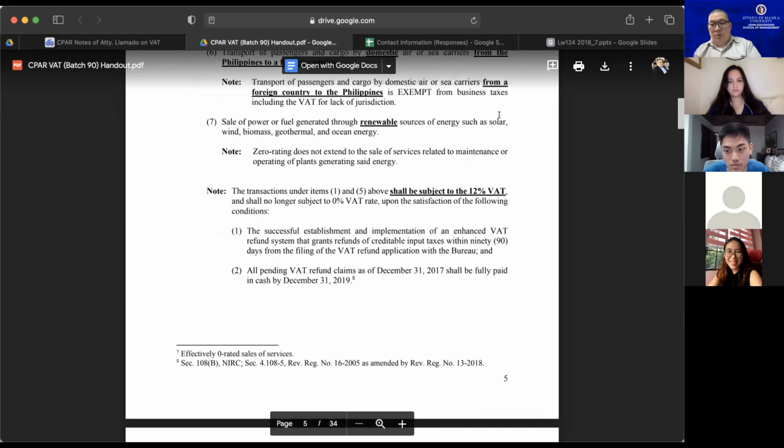Meaning you file with the DOF, Department of Finance, for tax credit, not tax rebate. They will issue you either cash or a certificate for you to use to pay your other taxes. So the 12,000 you paid in input VAT for the computer, you can claim as tax credit.